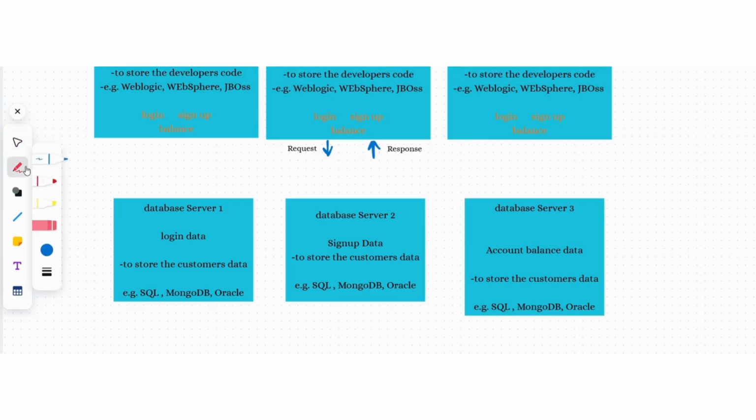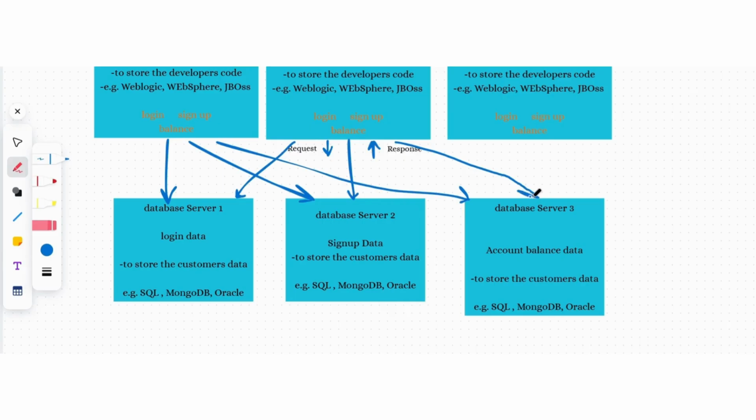That means the request from app server 1 will go to database server 1, database server 2, and database server 3 also. From app server 2, the database request will go to database server 1, database server 2, and database server 3, and so on.